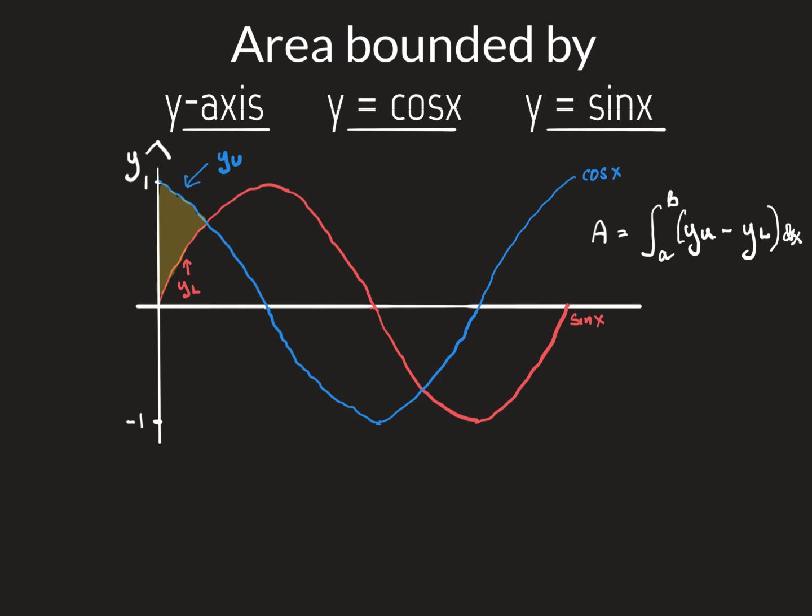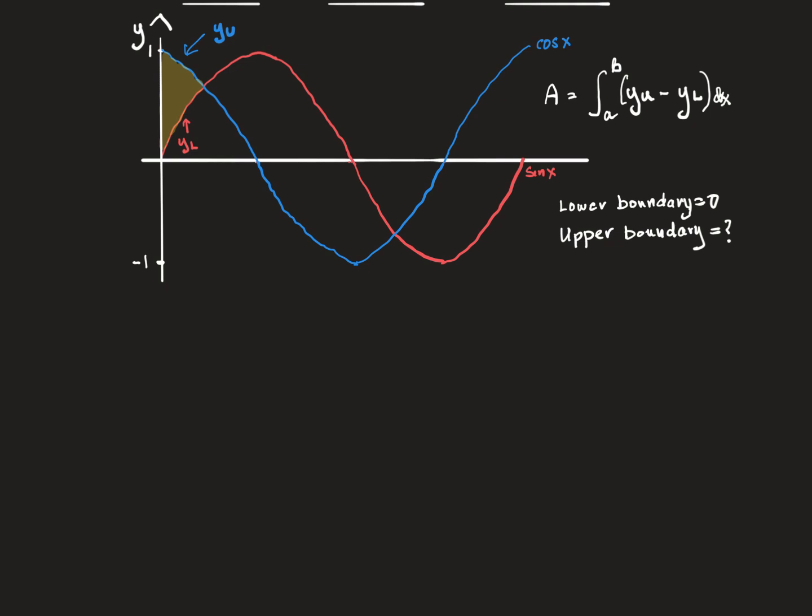And we know that the lower boundary is 0 because it's the y-axis, so we'll say lower boundary 0, but we need to find out what the upper boundary is. And the upper boundary will happen when cos x is equal to sine x.